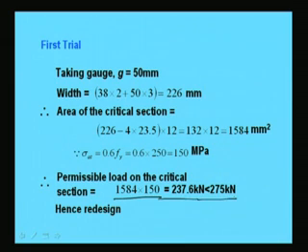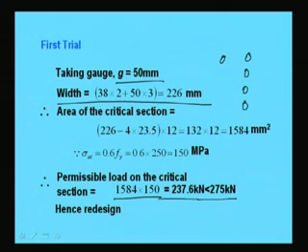That means, in the first trial we assumed the gauge distance as 50 mm. As per that gauge distance, we get the width as 38 into 2 plus 50 into 3, equal to 226 mm, because in each row we are providing 4 rivets.